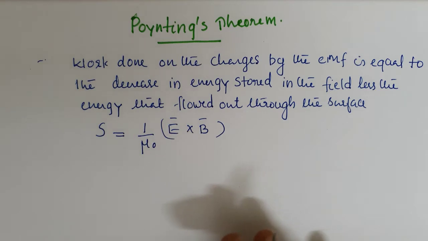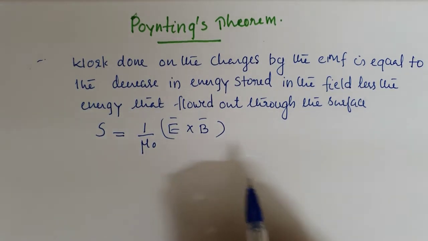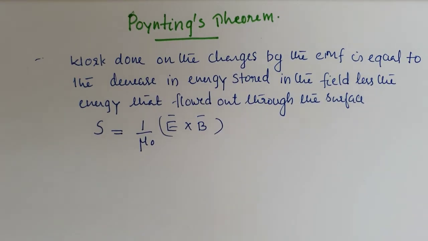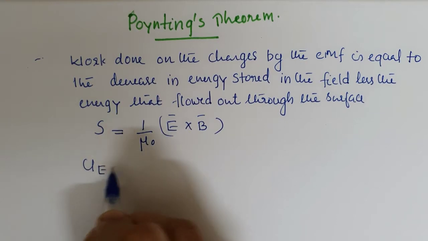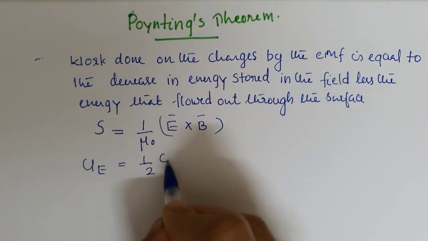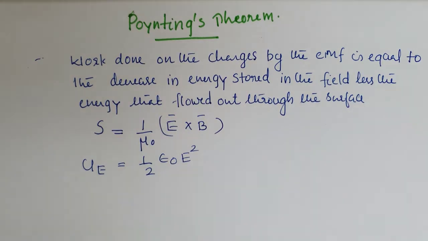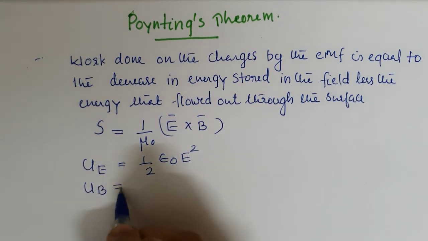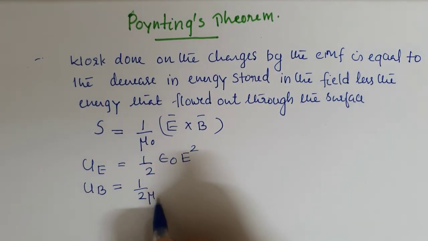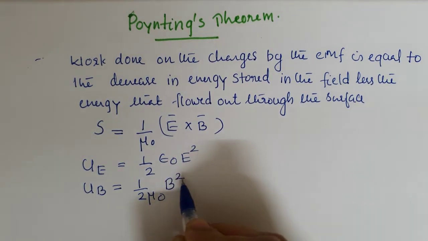An electromagnetic wave consists of an electric field and magnetic field which can independently store energy. The energy density stored in an electric field can be represented as UE equals half epsilon 0 E square. Similarly, the energy density stored in a magnetic field is UB equals 1 by 2 mu 0 B square.